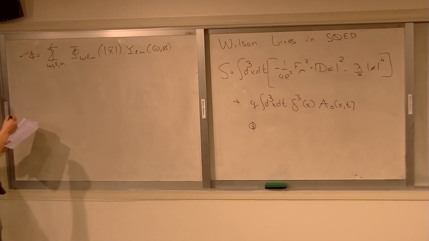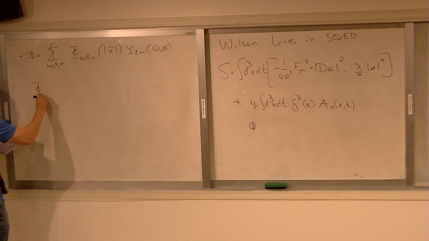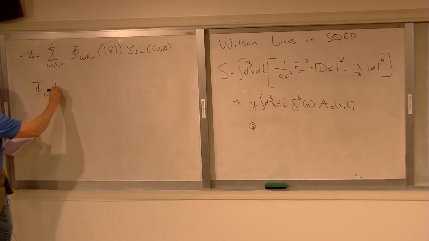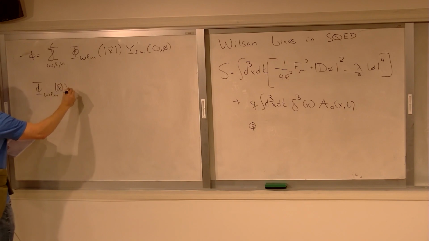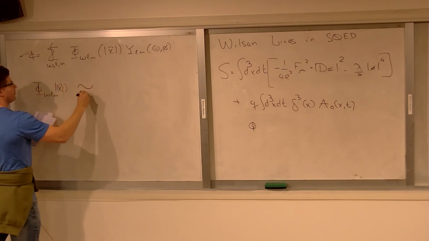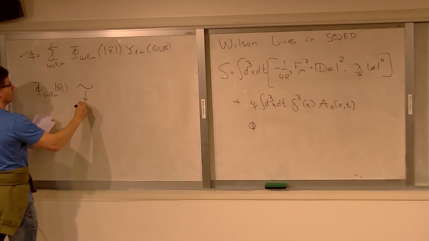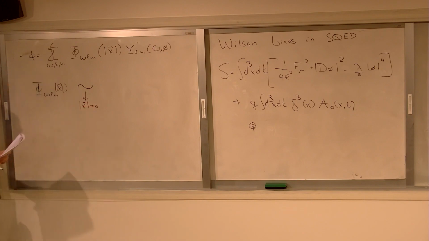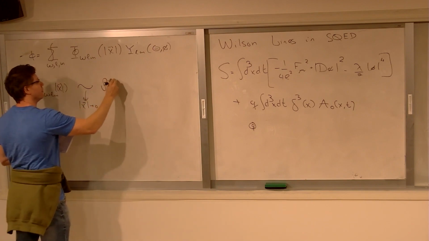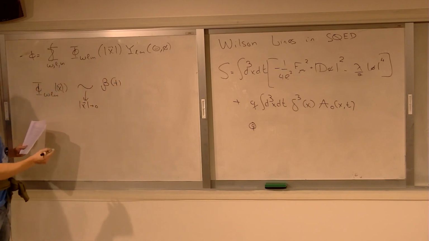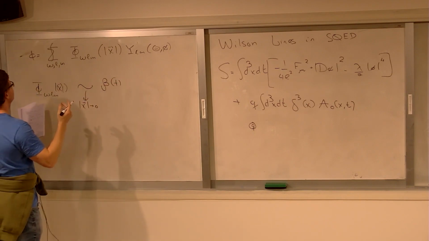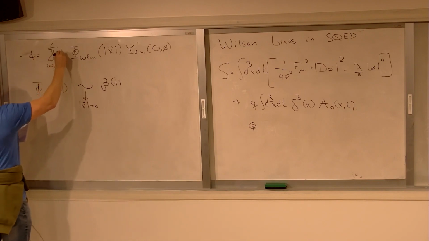So the very key point is that this function behaves in the following way when you go to short distances near the defect. It behaves like some coefficient, which could be a function. I forgot to write in the e to the i omega t.